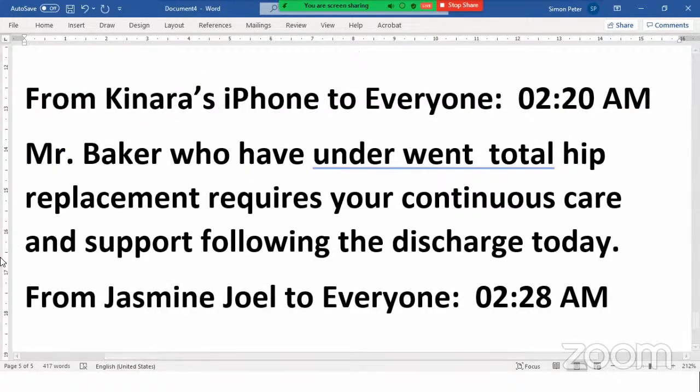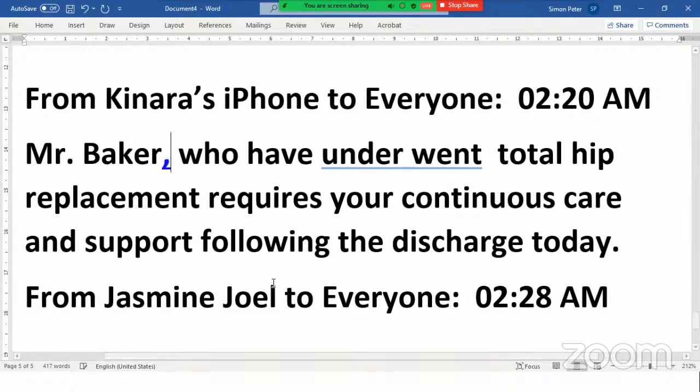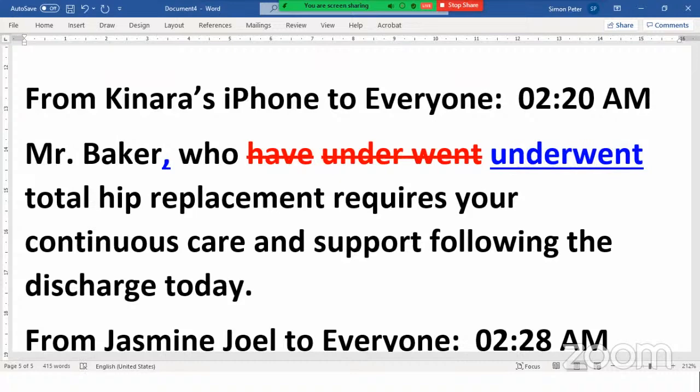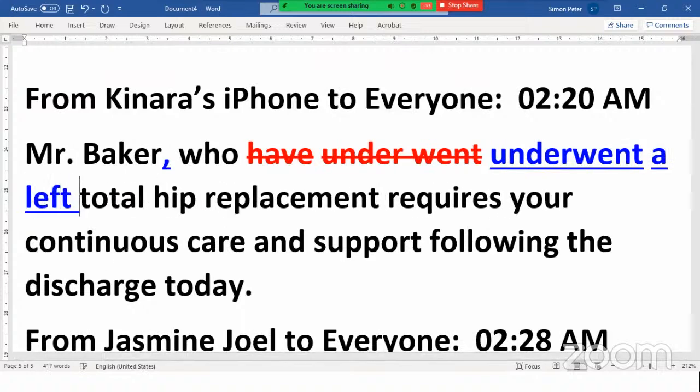Mr. Baker, who underwent, one word, replacement. So you have to use left.